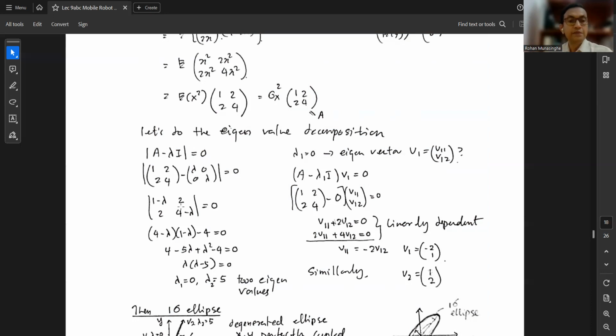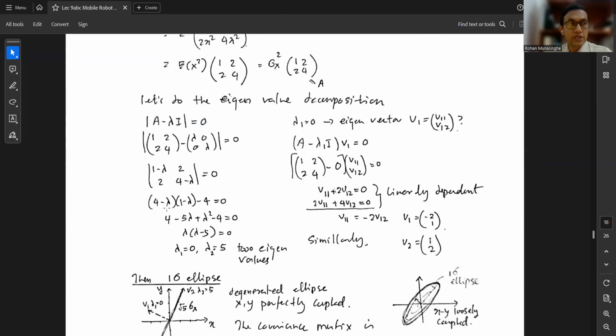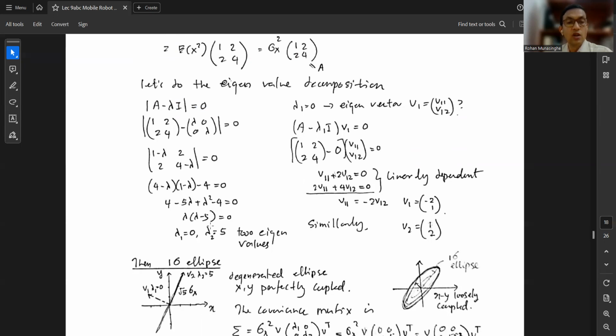And you combine the two together, A minus this matrix. You get the determinant of this matrix. And once you calculate the determinant and solve for lambda, you get two values. The two eigenvalues here are 0 and 5. Now for each eigenvalue, you have to find out the eigenvector.